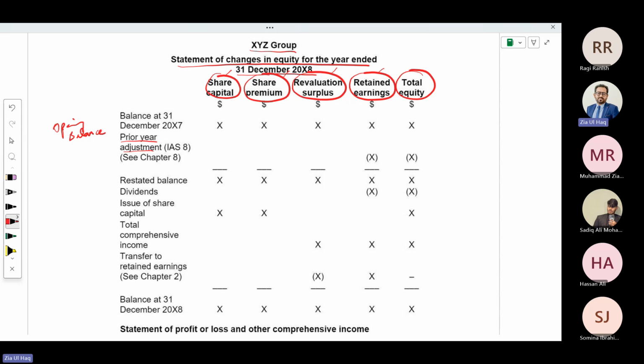In the opening balance, we adjust any prior year adjustment, where that adjustment will be adjusted in retained earnings. It will have an impact on the previous year's profit.